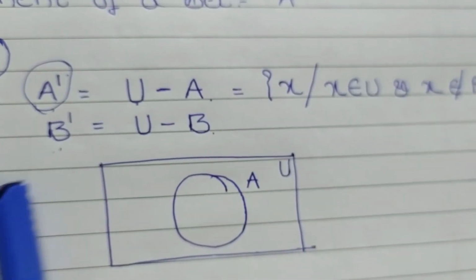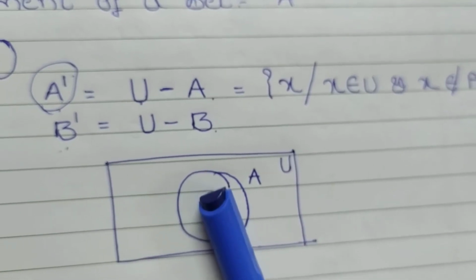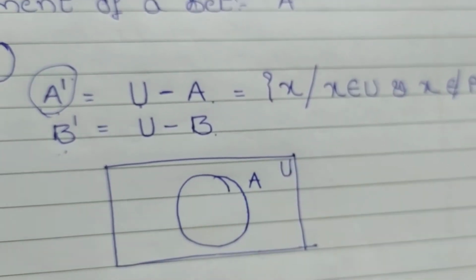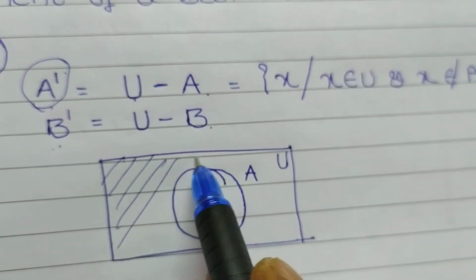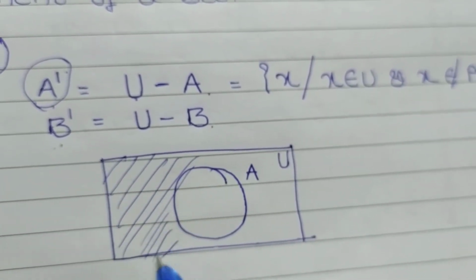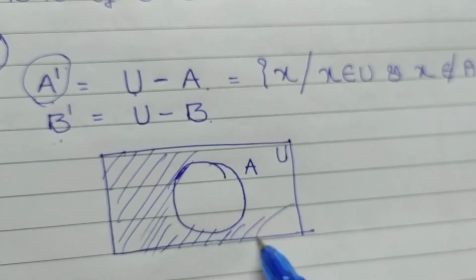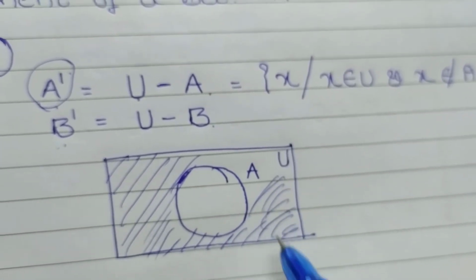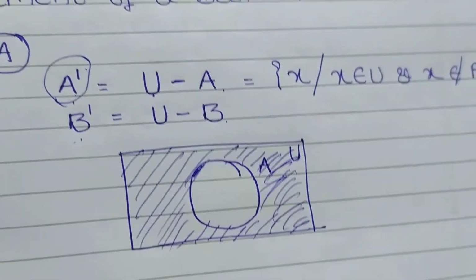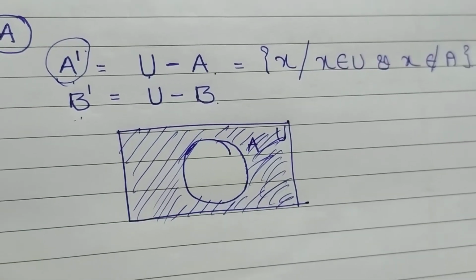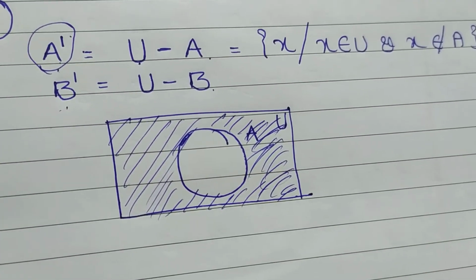From the whole universal set, I should remove this A. Then I am going to get the complement of the set A. Other than A, whatever is present in the universal set, all of that will come under A complement. So the universal set minus the given set gives the complement of the set.